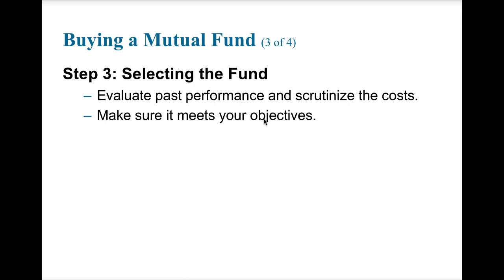Are they really meeting your objectives? Because in many cases, I've had a mutual fund which I thought was a safer mutual fund investing in dividend oriented companies, only to find out that the mutual fund managers steered away from some of these objectives and were buying much riskier internet stocks that paid no dividends.